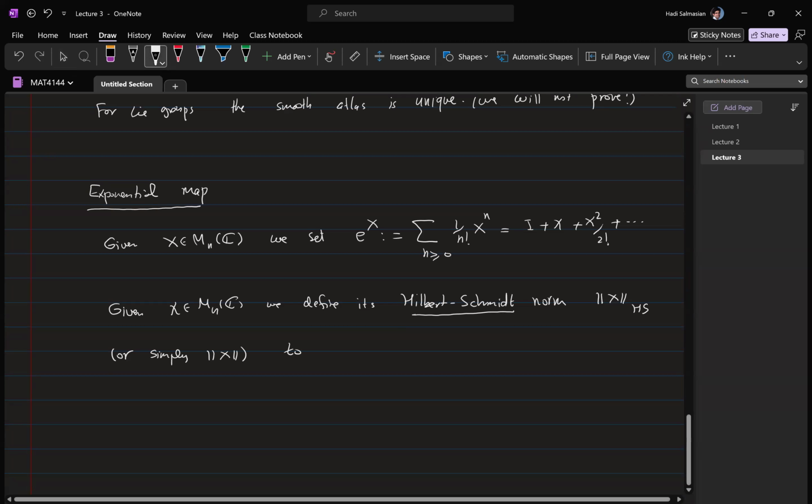So we define it to be the sum of absolute values of entries squared to the power 1/2, which is the same thing as the trace of X star X, or rather X X star, to the power 1/2, or the square root.